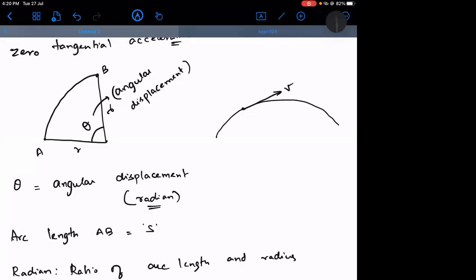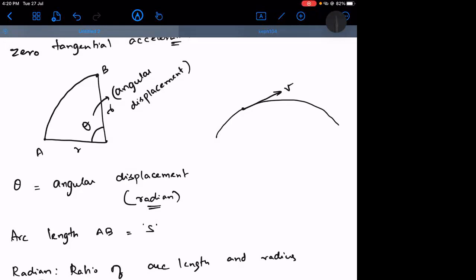You guys remember this point? Velocity means speed with direction, right? So the velocity of an object is always in the direction tangential to the surface along the direction of motion.